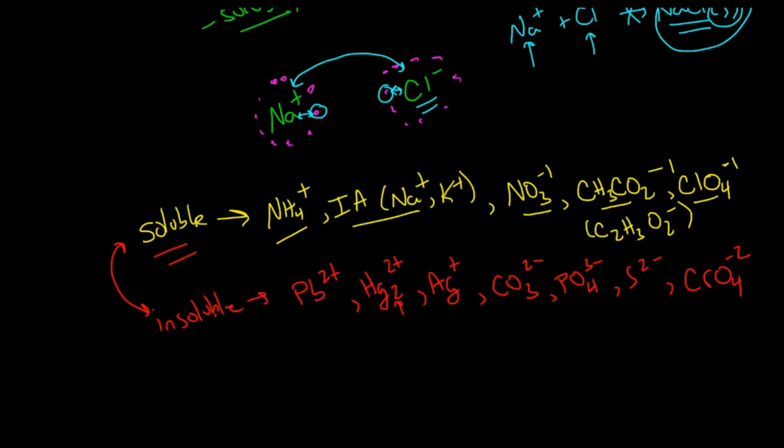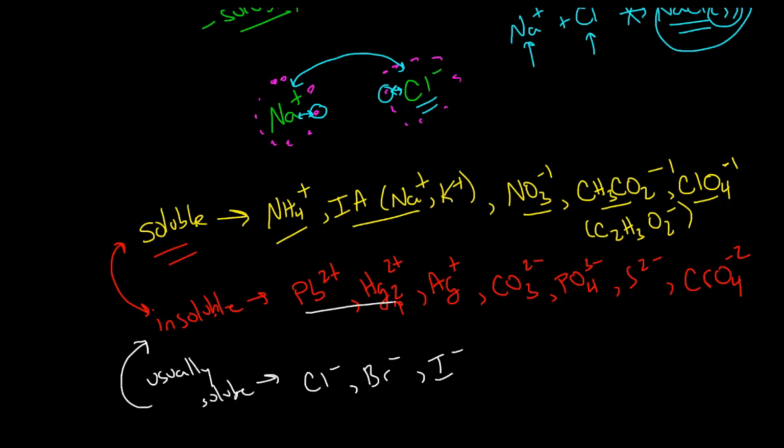Okay, and things that are usually soluble. So the anions chloride, bromide, and iodide are usually soluble unless they're partnered with one of the insoluble cations. So let's just reinforce these ideas. If something has ammonium, an alkali metal, nitrate, acetate, or perchlorate, it is soluble in water. It will dissolve in water.